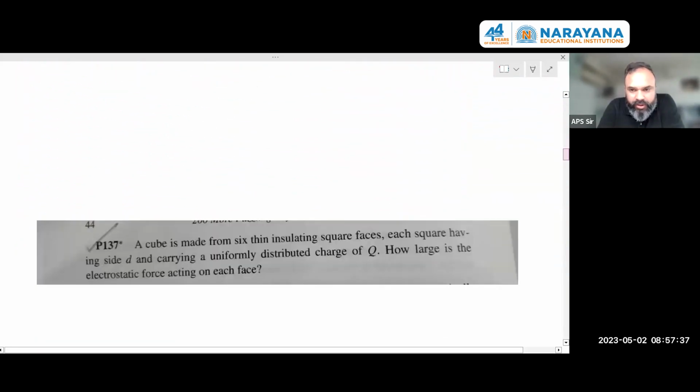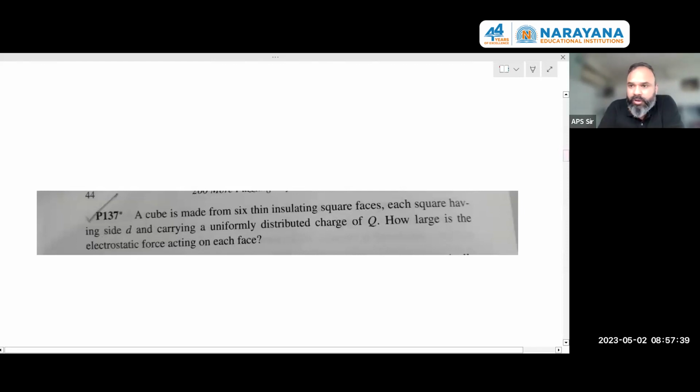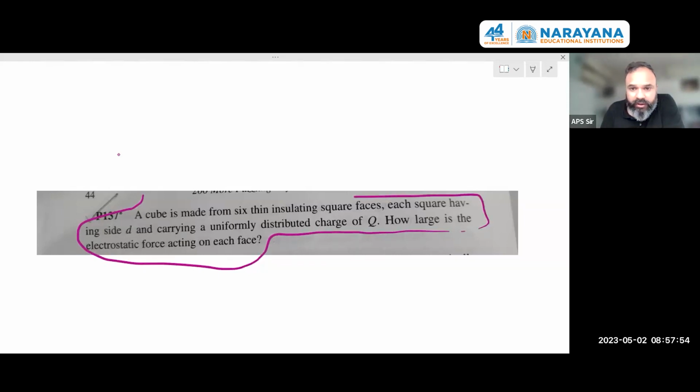All right. Let me go to another concept. Let's see how we approach. In this question, there is a cube made up of 6 thin insulating square faces.